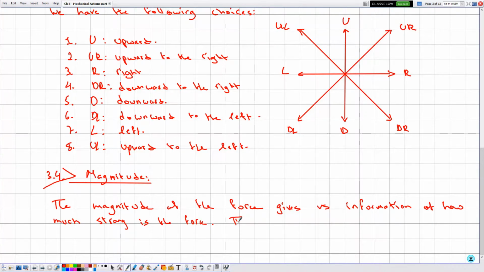And the SI unit of the magnitude is the Newton.